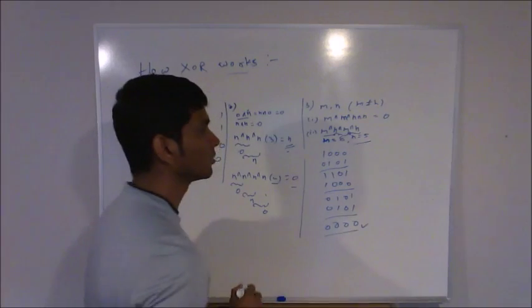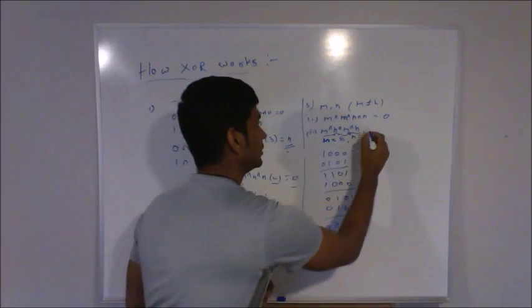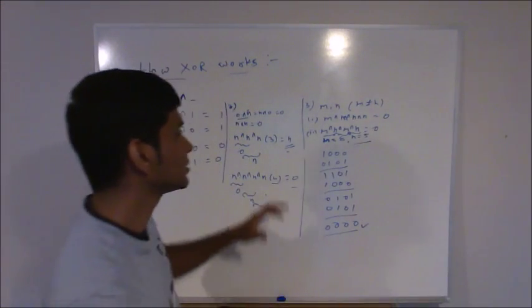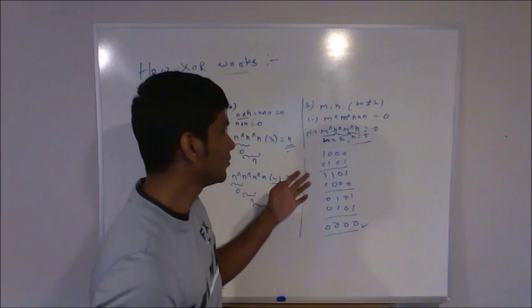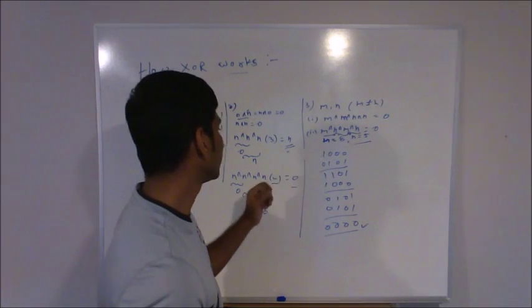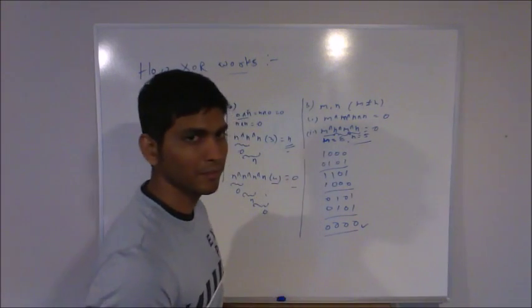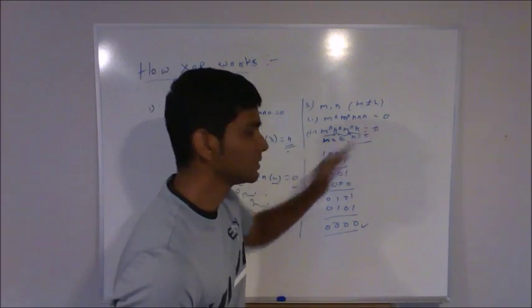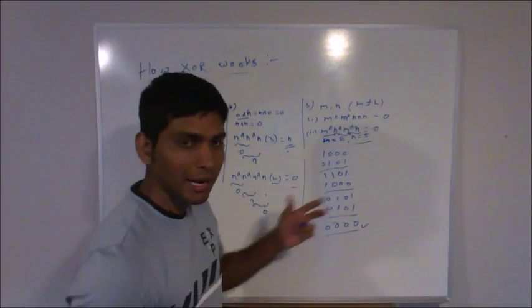So the order in which the XOR operation is applied doesn't matter, as long as, for example, in an operation there are an even number of the same numbers, an even number of m's or an even number of n's. It still gives us the same result, wherever they occur.